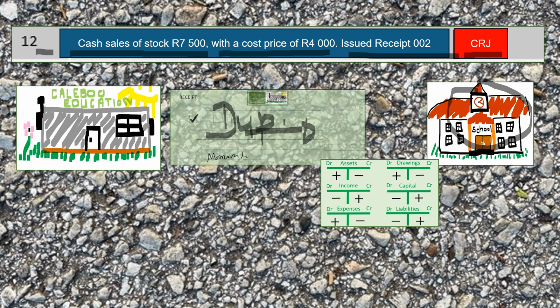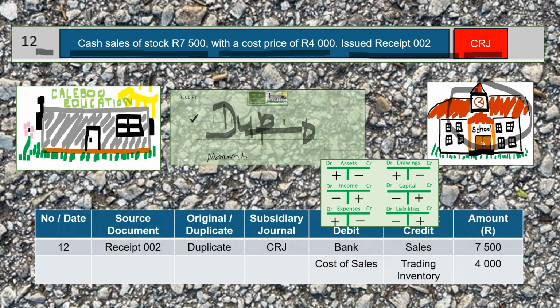Now remember, when there's a sale, there are 4 accounts involved. The date is the 12th. The document, receipt 002. It's a duplicate because the original was issued to the customer. The bank balance increased, so this transaction must go into the cash receipts journal.